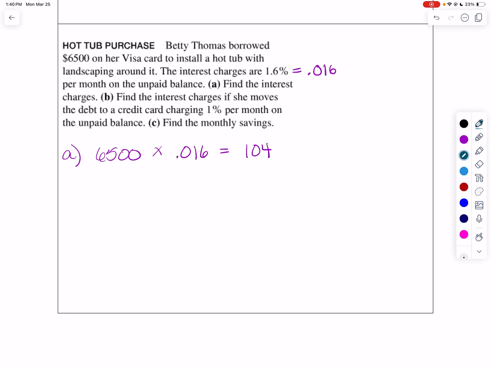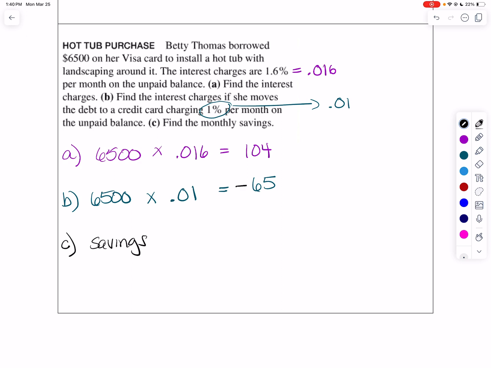If she decides to move that balance, $6,500, and move it to only 1%, which is 0.01, she would be charged $65. And then last but not least, the savings is the difference between those two. So she would save $39 if she transferred those charges to a different card.